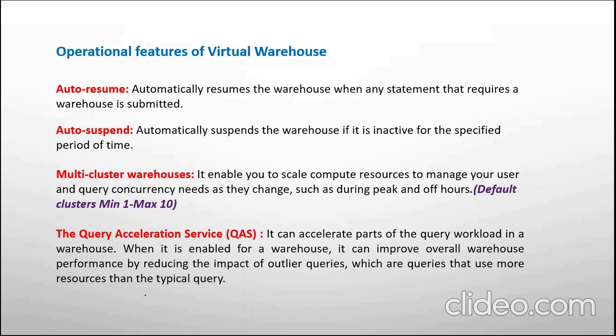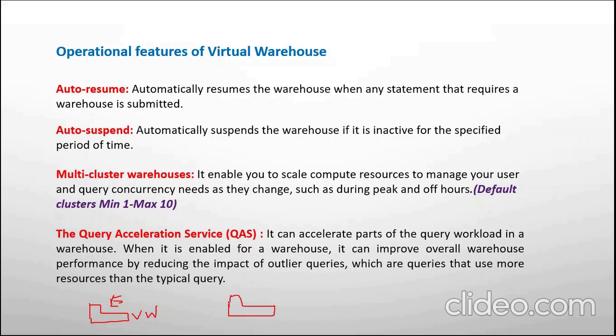In simple words, to know the difference, I am taking the example of a vehicle. A vehicle has an engine, right? Here the engine we can take as the virtual warehouse. Next, in the same vehicle, we have the gear system, right?